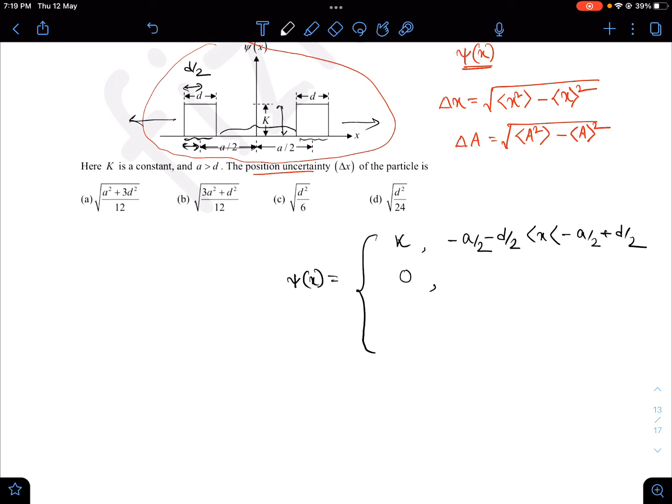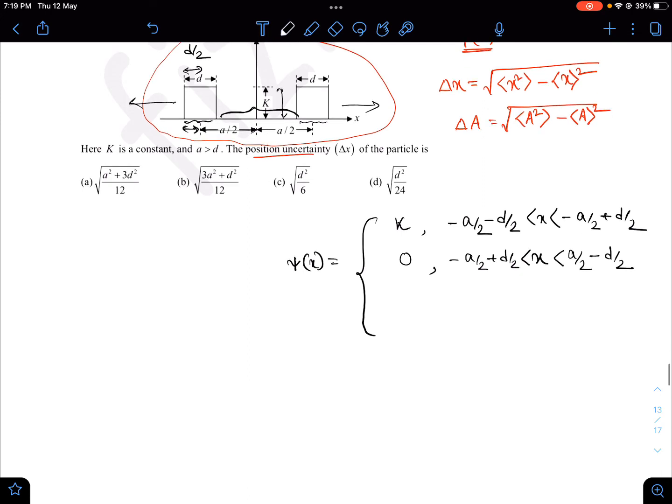So it is 0 for minus a by 2 plus d by 2 to, in a similar manner, a by 2 minus d by 2. That means in this region we have the value 0, and now we will again have the value k for a by 2 minus d by 2 to a by 2 plus d by 2.